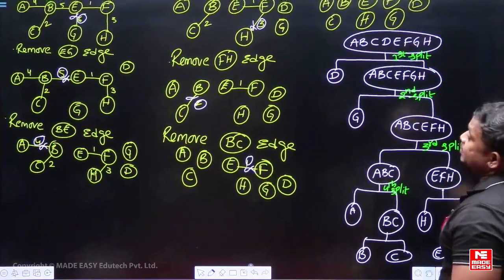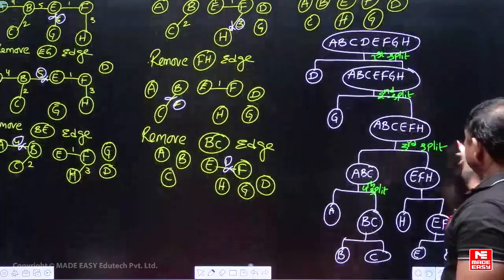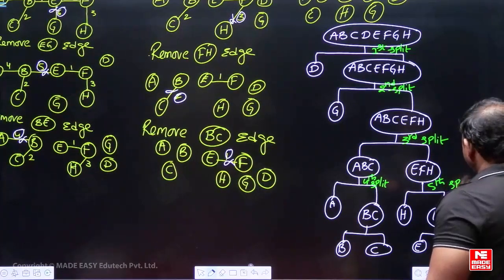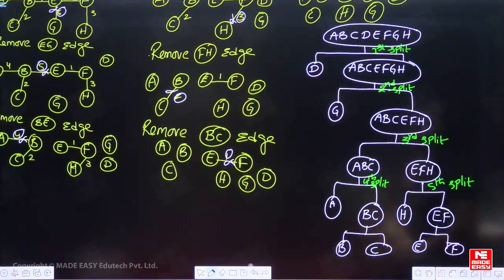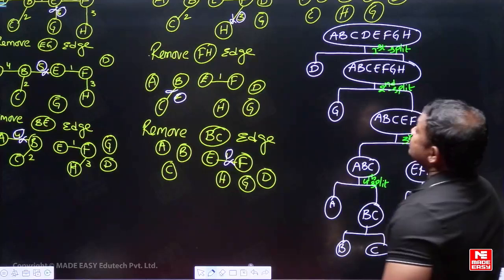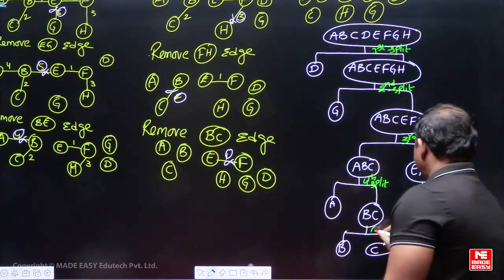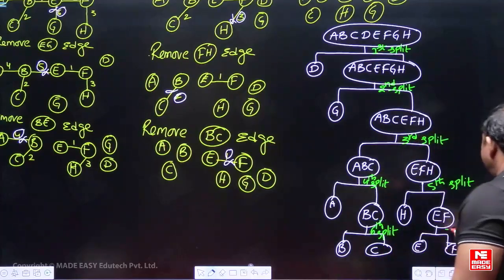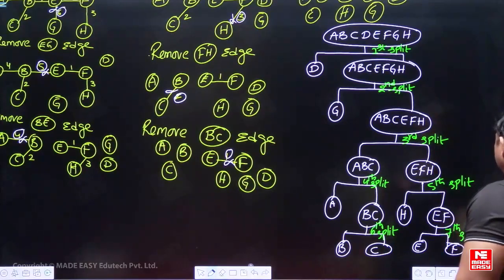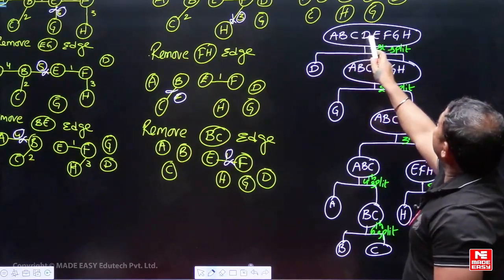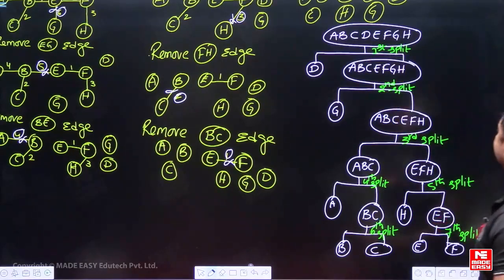Then A separated. Then this is fifth split. Okay. Then BC. This is the sixth split. This is the seventh split. Okay. Total data elements 1, 2, 3, 4, 5, 6, 7, 8. 8 data elements. Now total 7 splits are there.